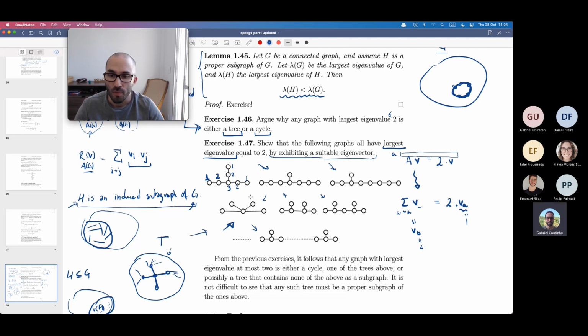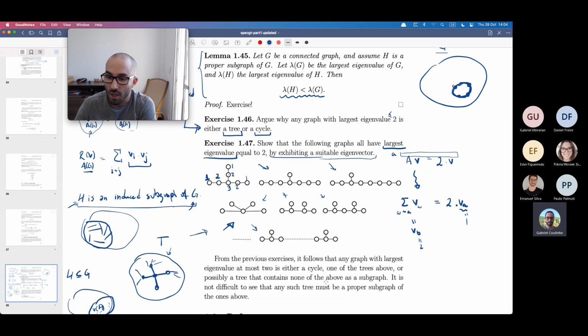So we have found a couple of trees with largest eigenvalue 2, and we know that no other tree with largest eigenvalue 2 can contain any one of these as a proper subgraph. So I know that there is no tree with a vertex of degree 4, because the only tree with a vertex of degree 4 that has 2 as the largest eigenvalue is this one.